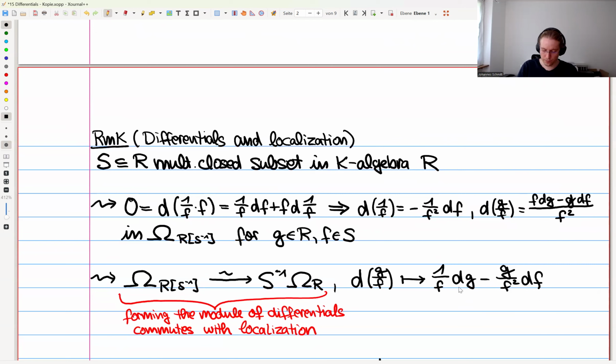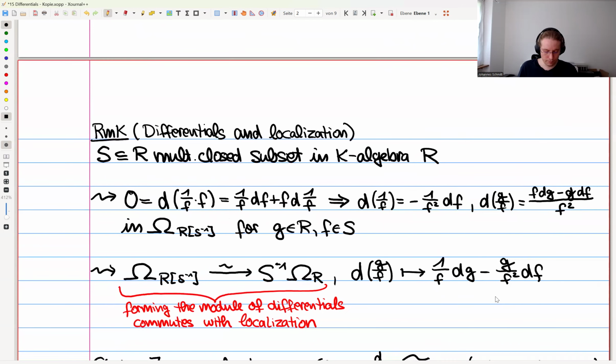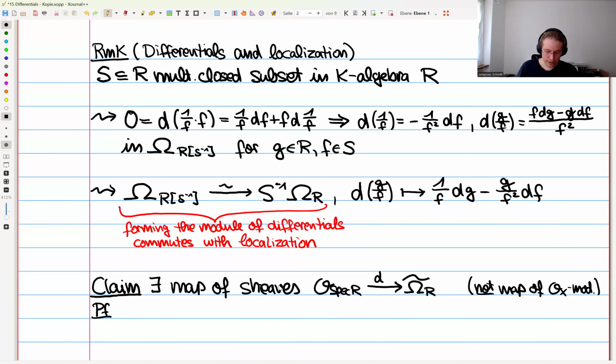And here you see this expression combines coefficients, which are elements in S inverse R, with these module elements, dg and df, which are elements of omega R. So this is a legal operation, and you can check that this is an isomorphism indeed, which just means that forming this module of differentials commutes with localization. We can first localize and form this module, or we can first form the module, getting omega R, and then localize at this S. And that's very useful, and we're going to apply it in the following claim.